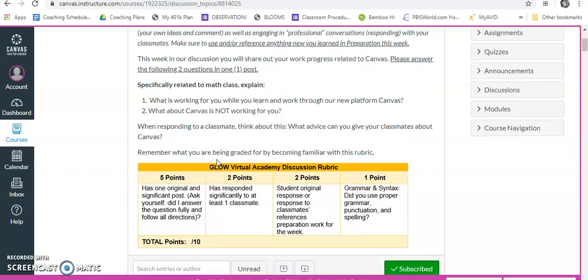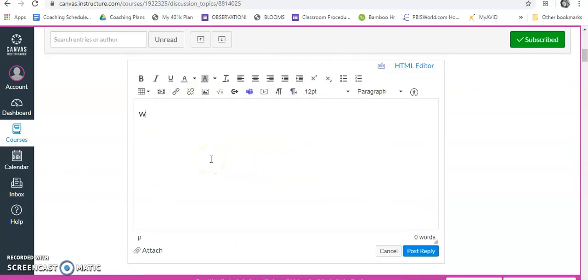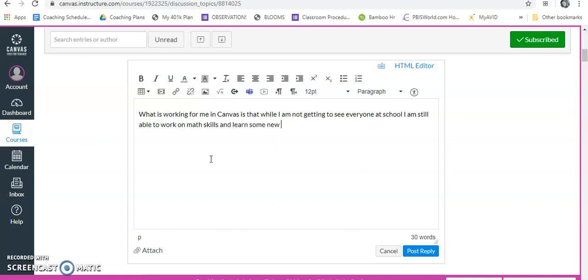So what I'm going to do is say, what is working for me in Canvas is that while I am not getting to see everyone at school, I am still able to work on math skills and learn some new techniques on how to solve challenging problems.